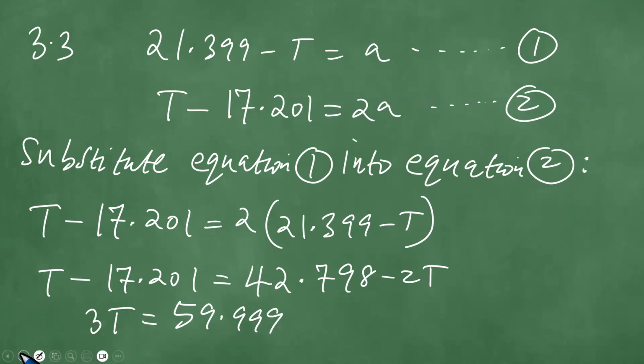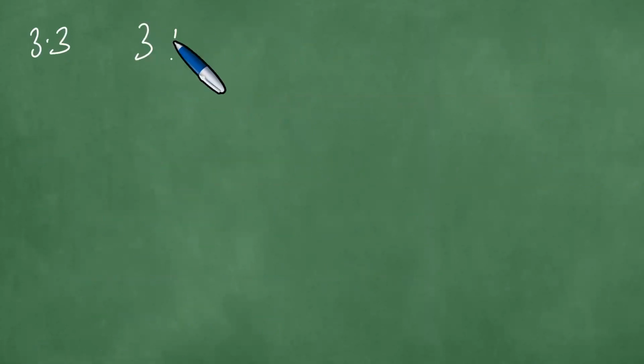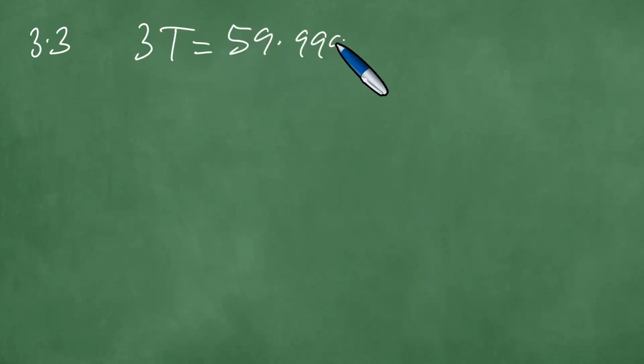So we have 3 times the tension equals 59.999.